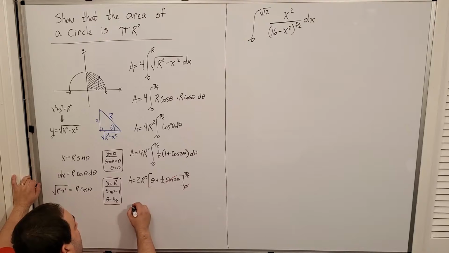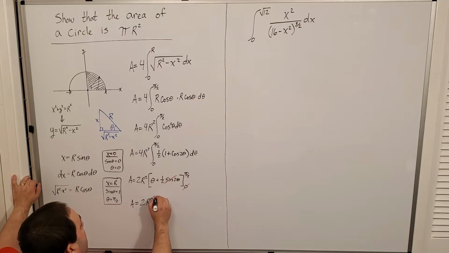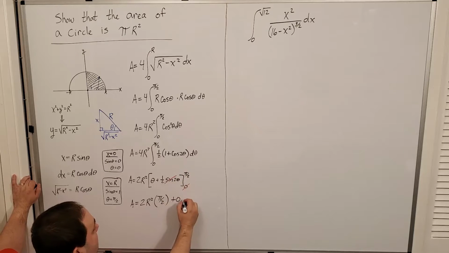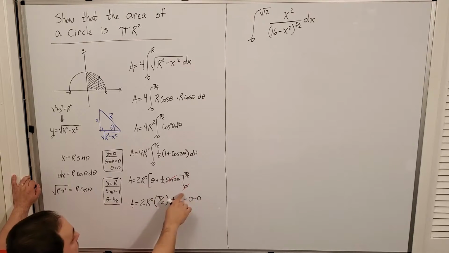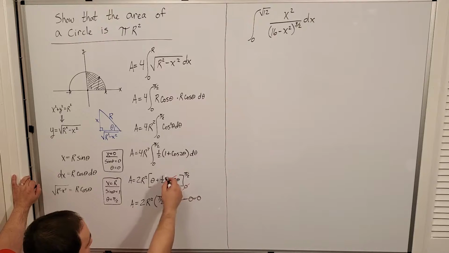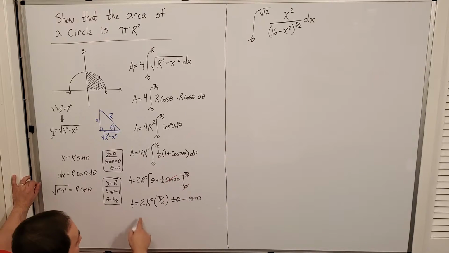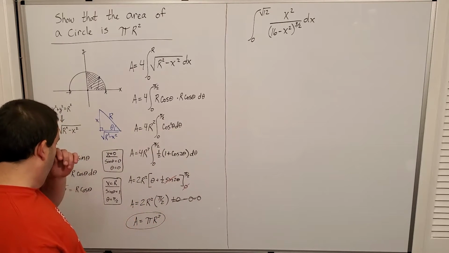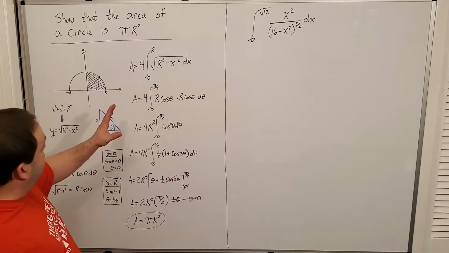Okay, so then I have that my area is equal to 2r squared times pi over 2. And then, of course, plus the 0 from that, and then minus the zeros from the other two pieces, which is the things that I was crossing out earlier. But then notice that exactly gives me pi times r squared for my area. Okay? All using trig substitution.